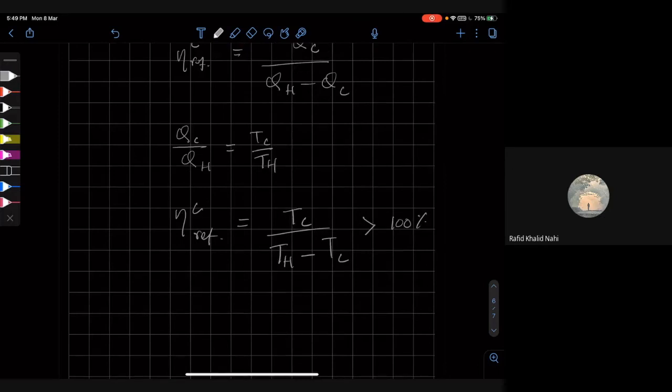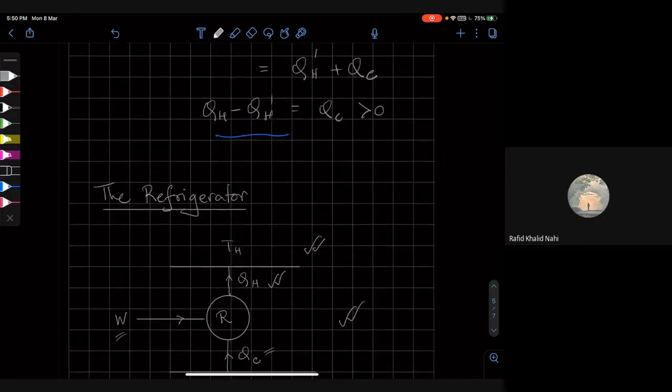And for the heat pump, I don't think I wrote down the notes about what the efficiency of this is. So the heat pump is essentially the same thing, but there we are interested in how much of the heat is actually being dumped into the hot object.